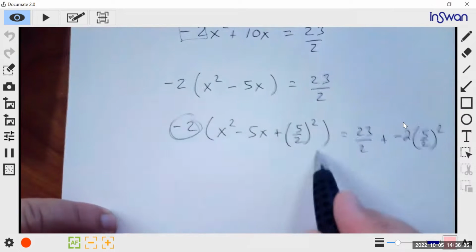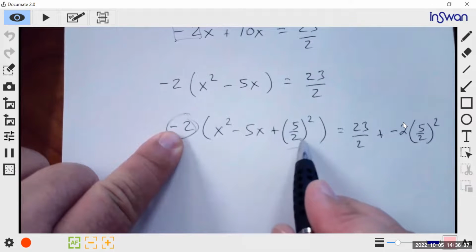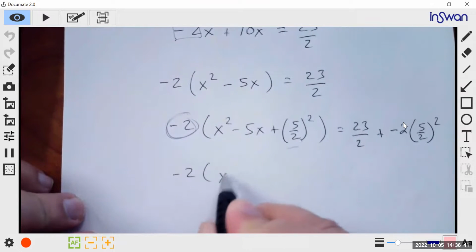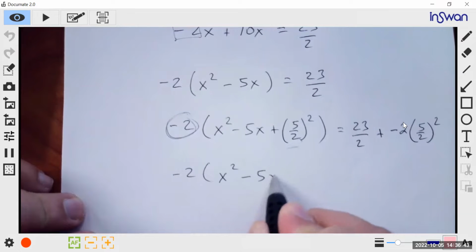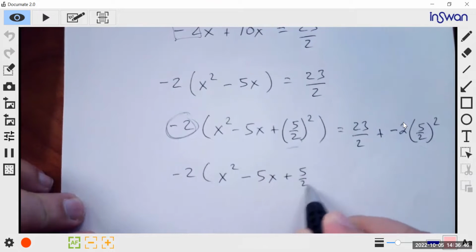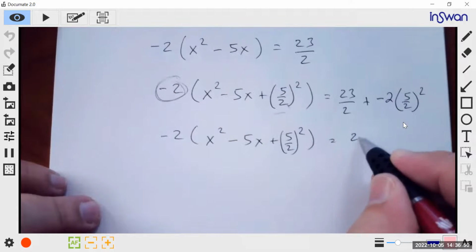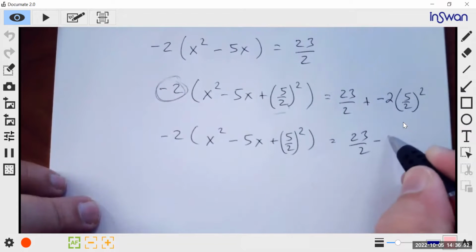This coefficient, whatever I do in here, it belongs to that also. 23/2.